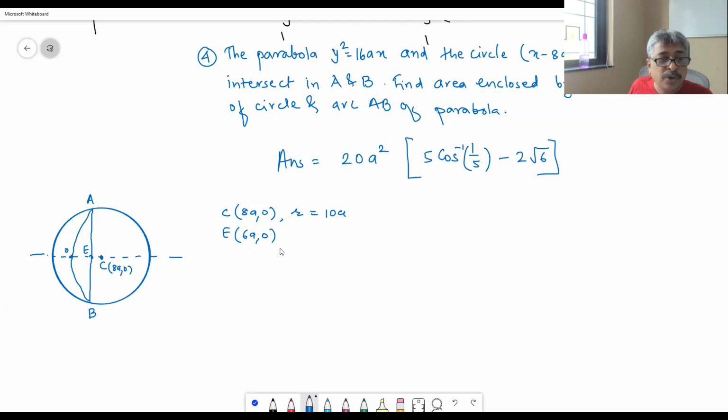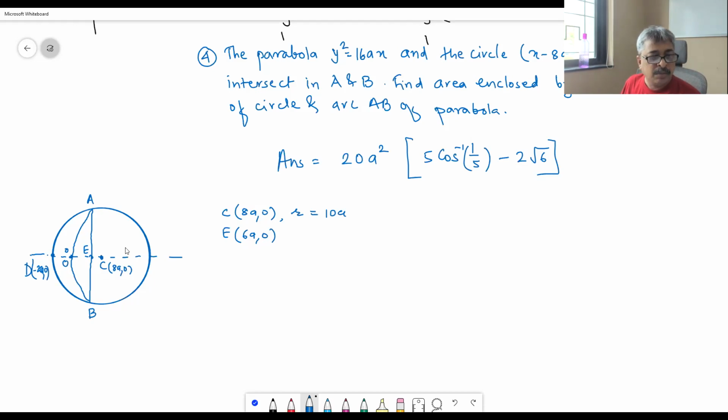So if you substitute y is equal to 0, then E is going to be equal to... no, substitute y is equal to 0. We have to solve them simultaneously to find out the x coordinate of A and B, which is going to be 6a. I hope you have solved it. Origin is 0 and this point here is say D. It will be minus 2a comma 0.